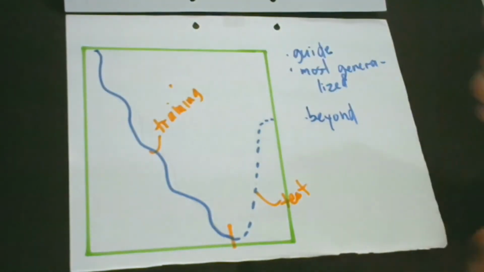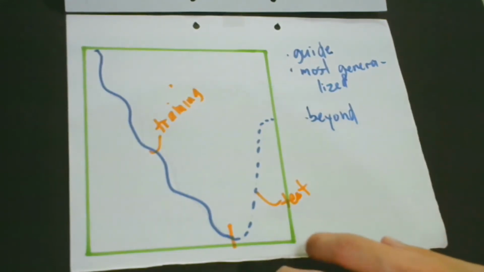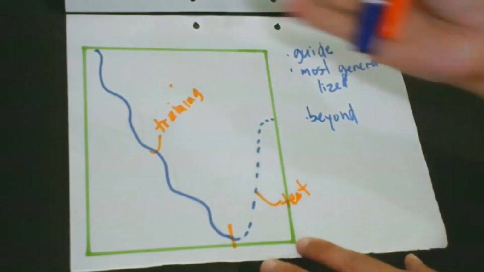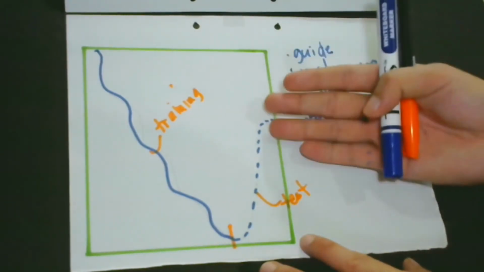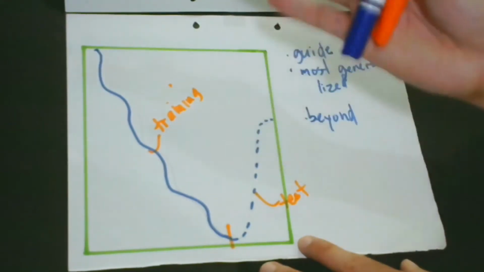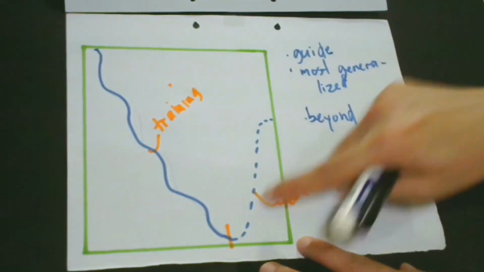Okay, just for clarity and so your eyes would not be confused about what you could see here. So the broken line is our test set.